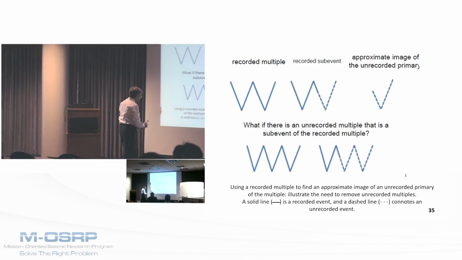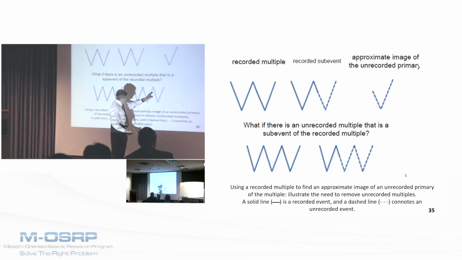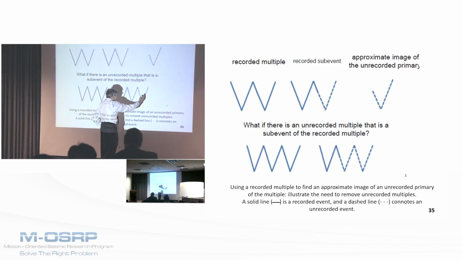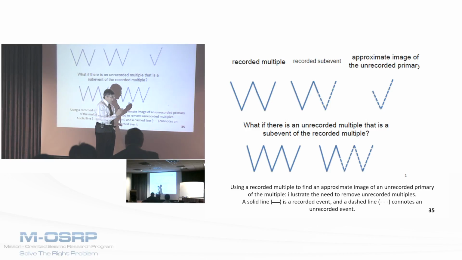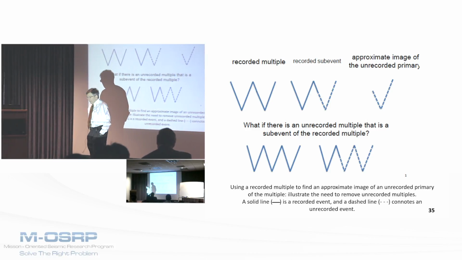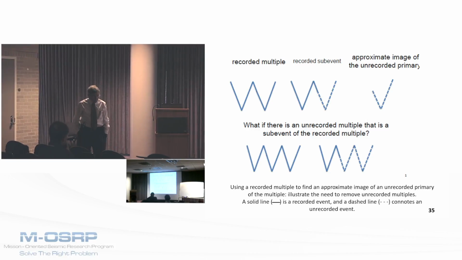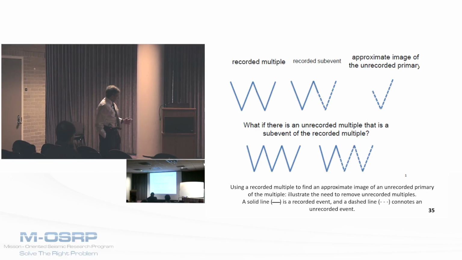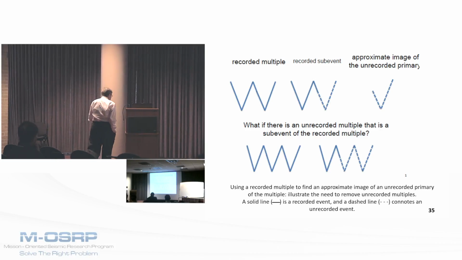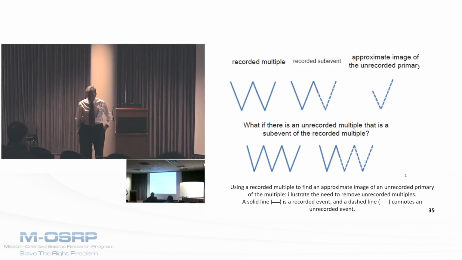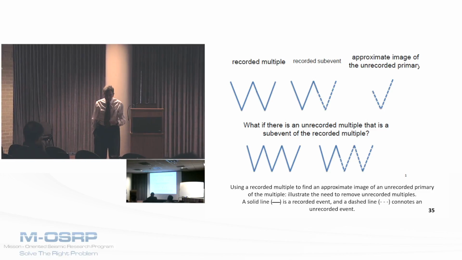If you had this as the unrecorded event, you better get rid of it. It's a multiple. You can do your RTM on it. You're going to get a false image, just as if I migrated a recorded multiple. Yes, with a smooth velocity. Okay, so why for us in this group are we prioritizing removal?